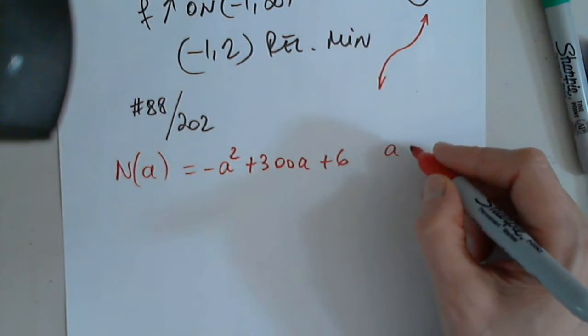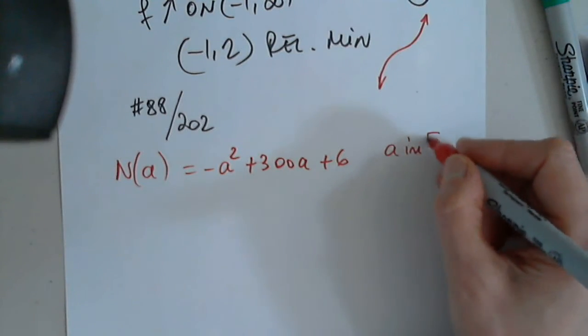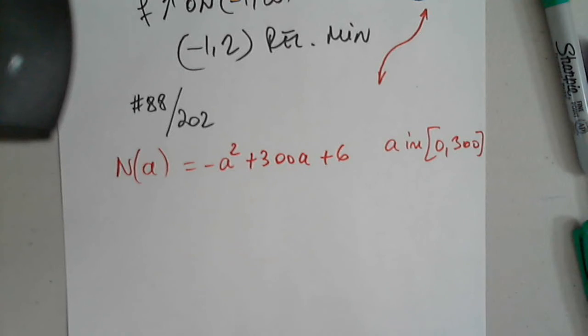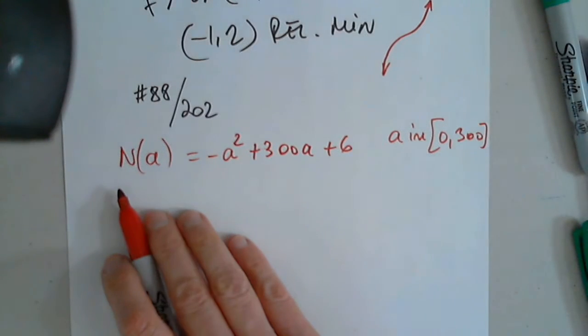And a is a number in 0 to 300. So there, do I still have time? Yeah, I have time. Good. So they're asking us, how many units should we sell for a maximum profit? Is it profit? Advertising? Yeah.